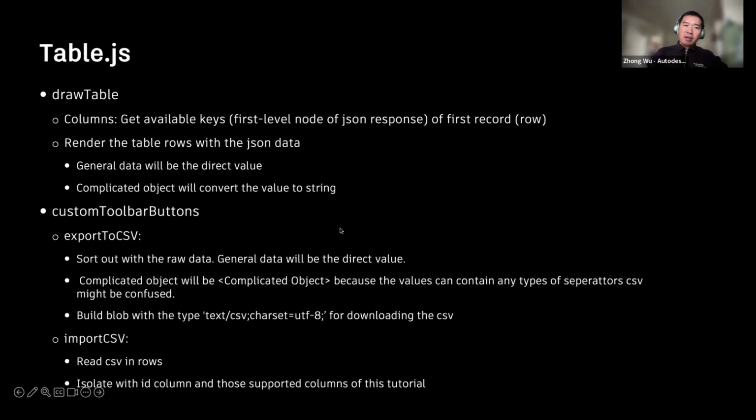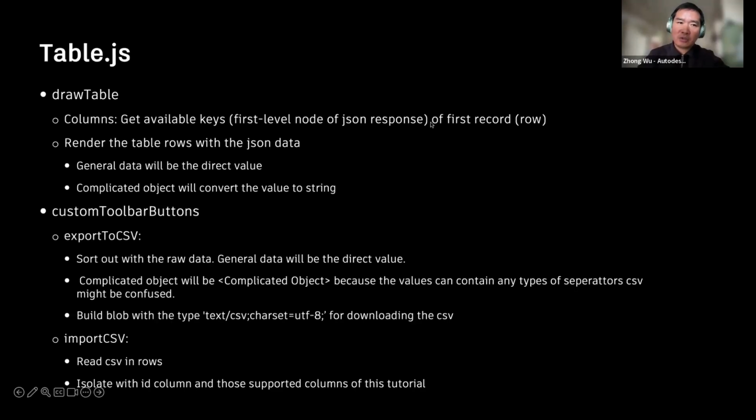Okay. The table.js we mentioned before actually does most of the job. It will draw the table and get the columns. The columns will be taken from the keys of the JSON response, because the JSON response is a key-value pair.